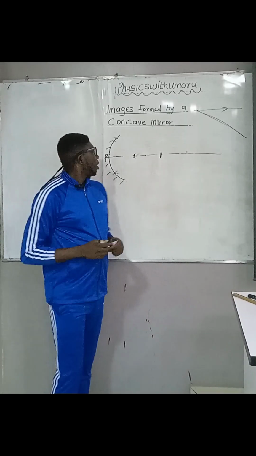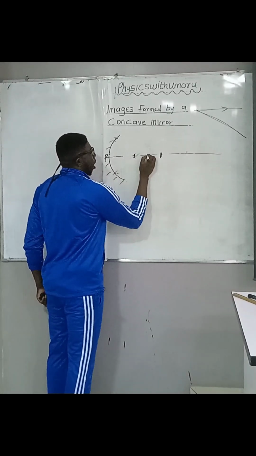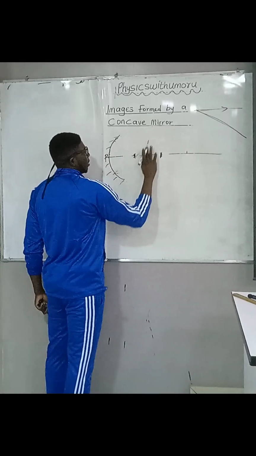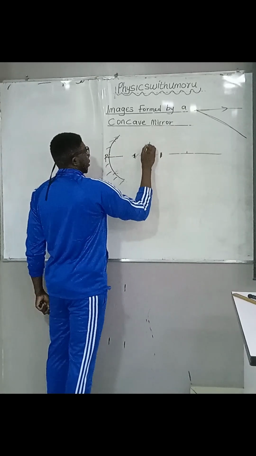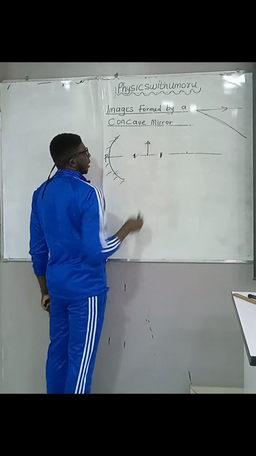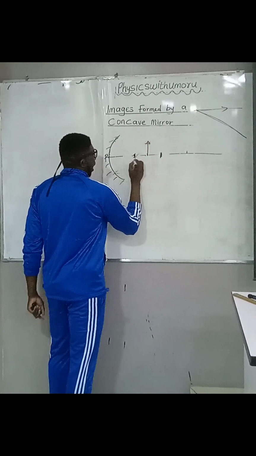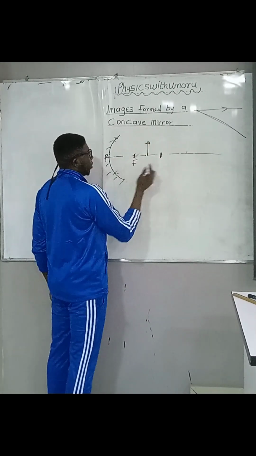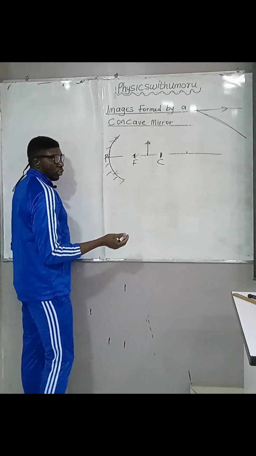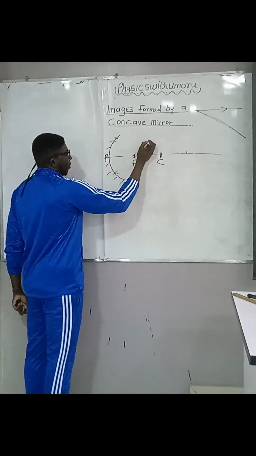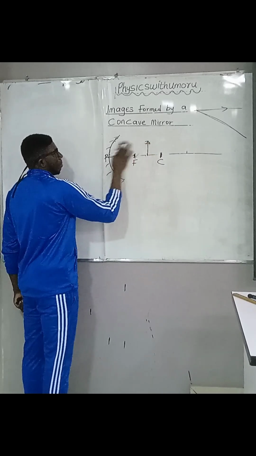If the object is placed between F, principal focus, and C, center of curvature, like I told you, number one, a ray will have to be parallel.